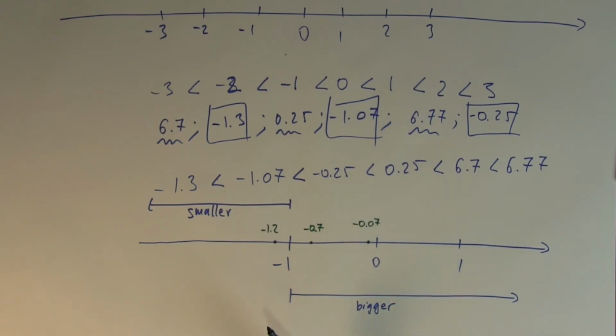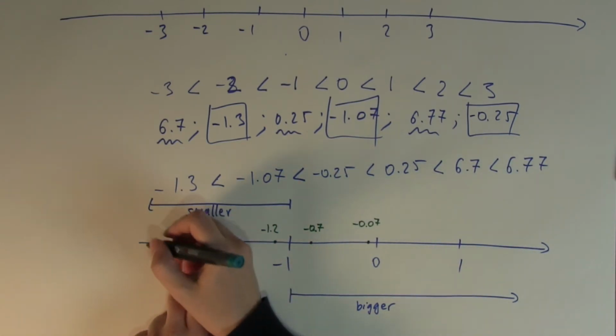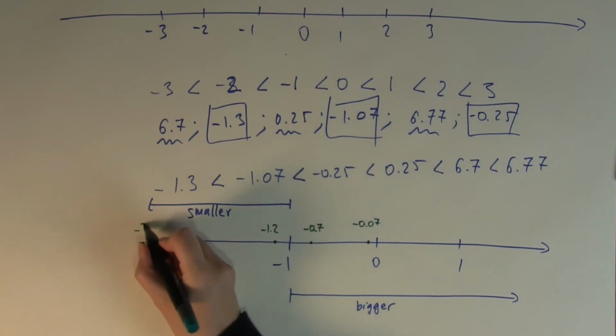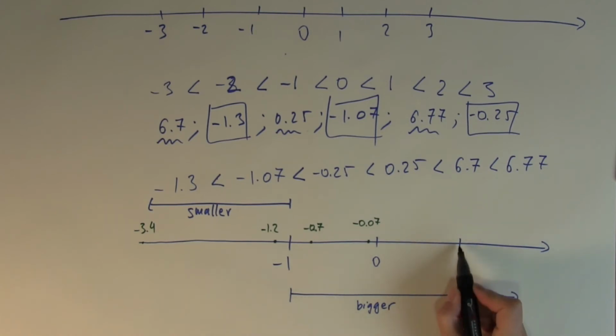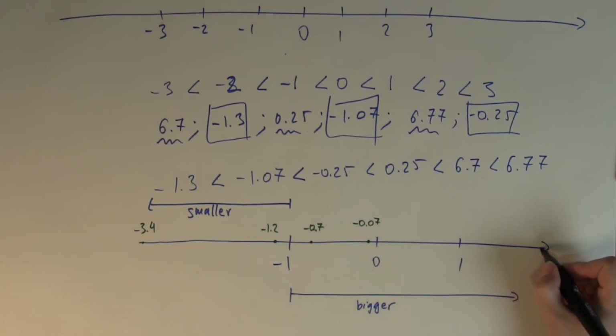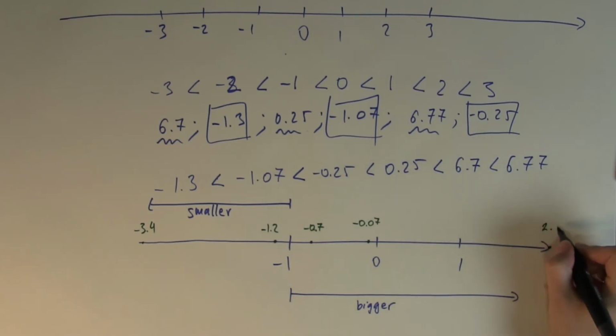-3.4 is the next one in the line. This is -1, that would be -2, -3 is somewhere here. So -3.4 would be somewhere around here. That is far below -1, so that's again smaller than -1. Look at 2.1. So here is positive 1, somewhere here is positive 2, so positive 2.1 would be somewhere around there.